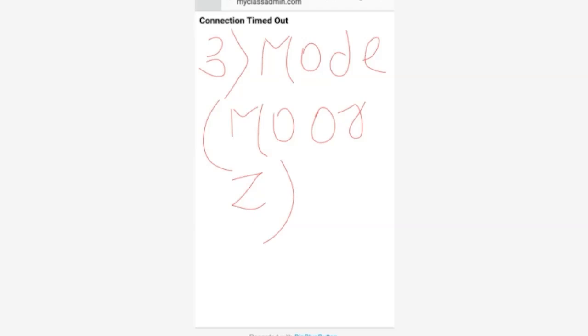Out of all the given averages, mode is considered to be the simplest average because it is easy to calculate.